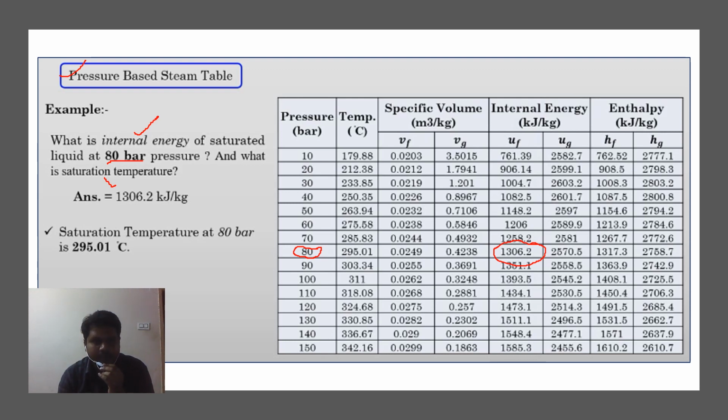So the answer is 1306 kilojoule per kg. But the other question is, what is the saturation temperature at 80 bar? At 80 bar, the saturation temperature is 295.01. So the answer is 295.01 degrees centigrade.